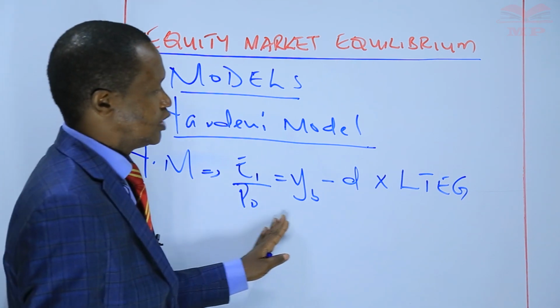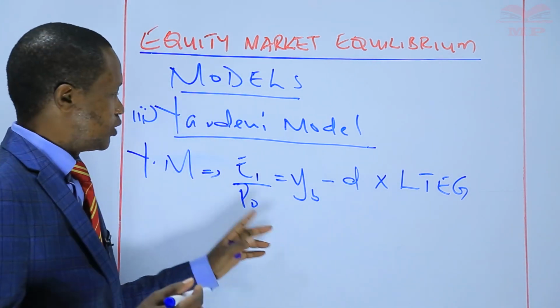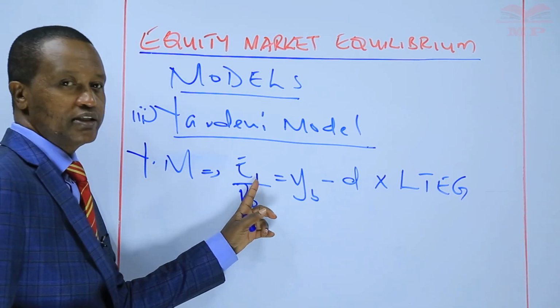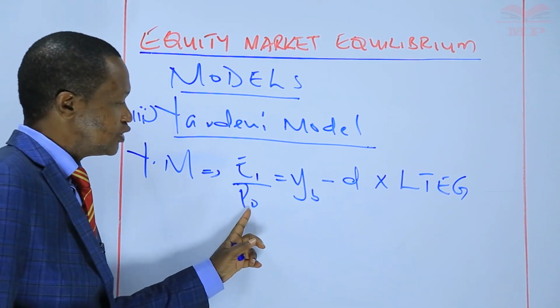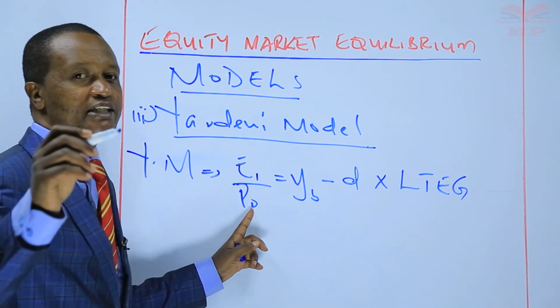This is the equation, candidates, where E1 over P naught is the earnings yield.